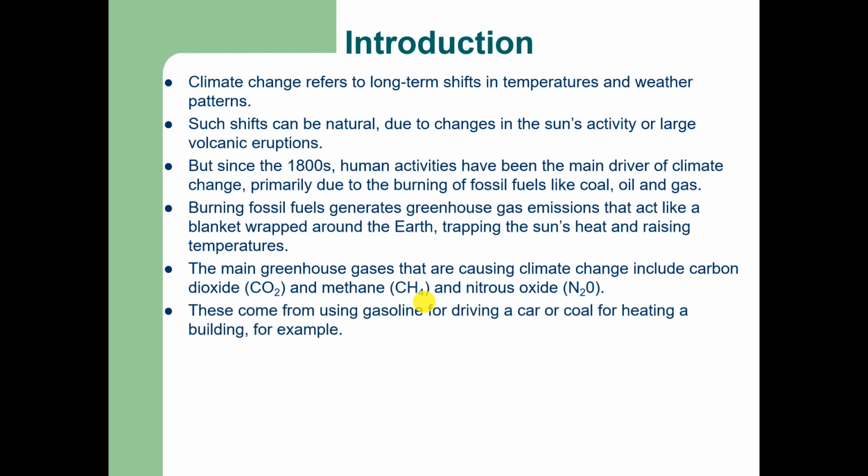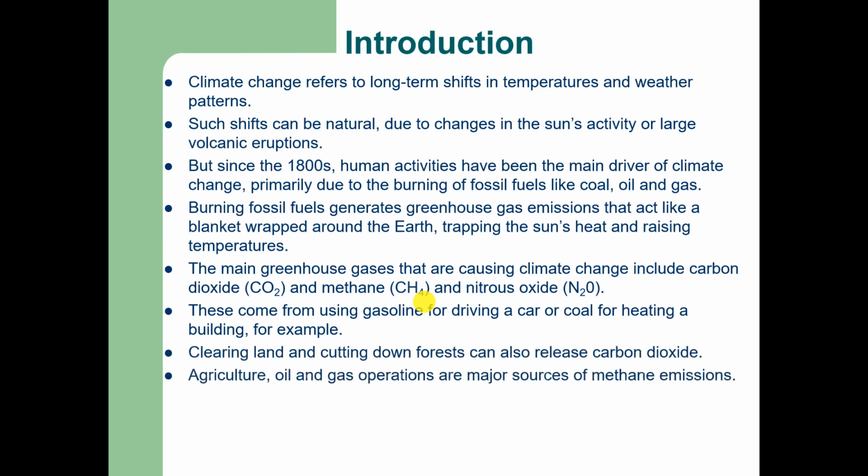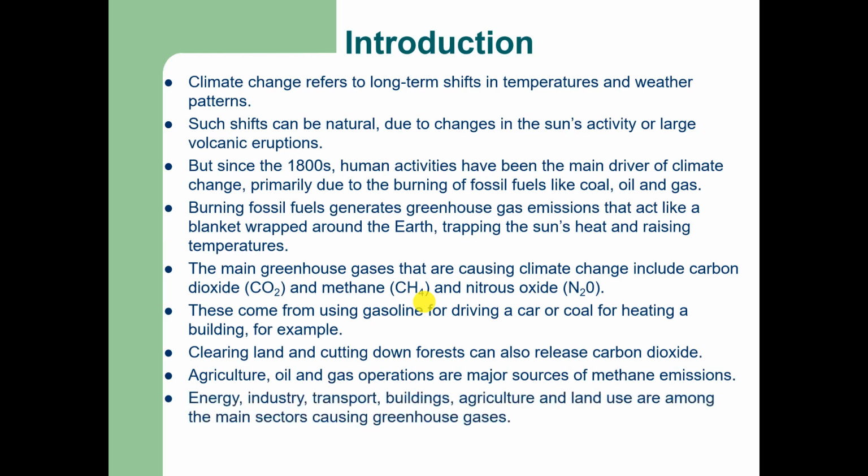These gases cause climate change, and they come from using gasoline for driving a car or coal for heating a building, for example. Clearing land and cutting down forests can also release carbon dioxide. Agriculture, oil, and gas operations are major sources of methane emissions. Energy, industry, transport, buildings, agriculture, and land use are among the main sectors causing greenhouse gases.